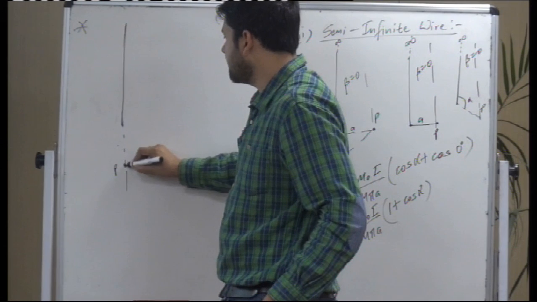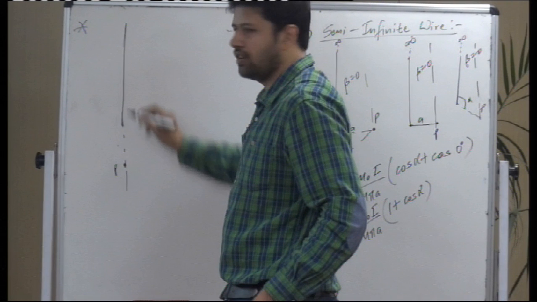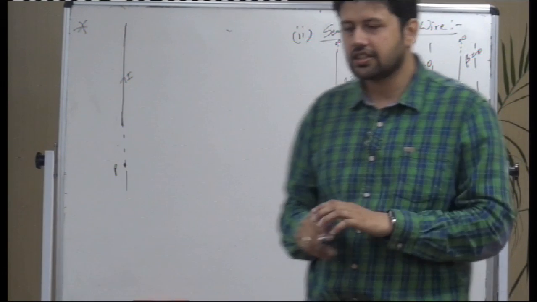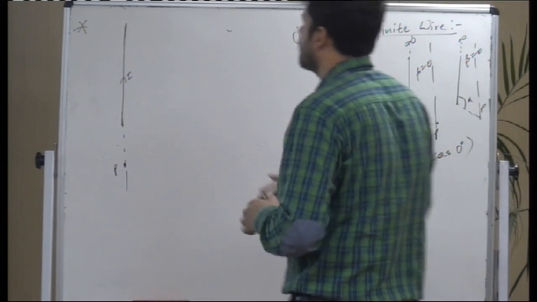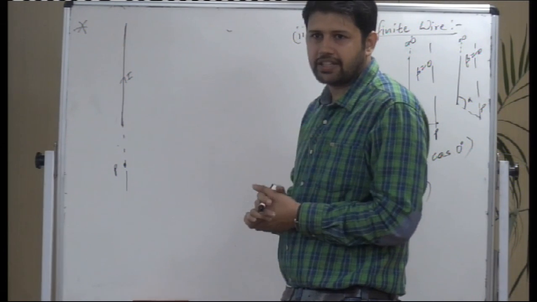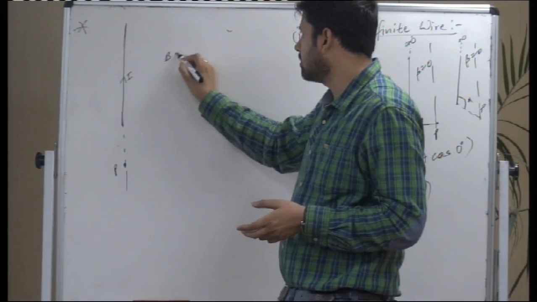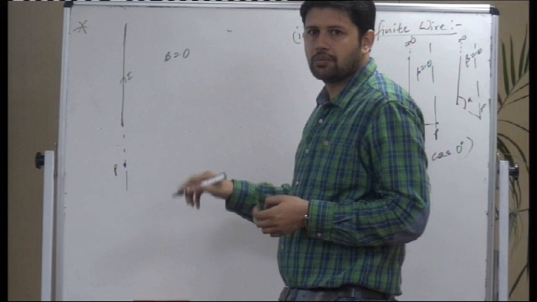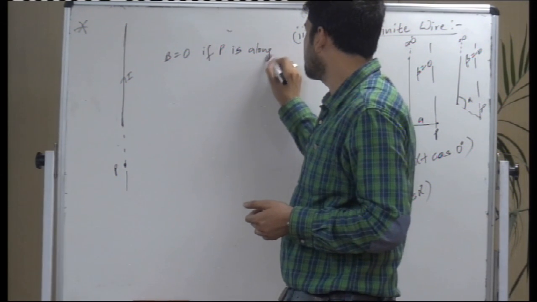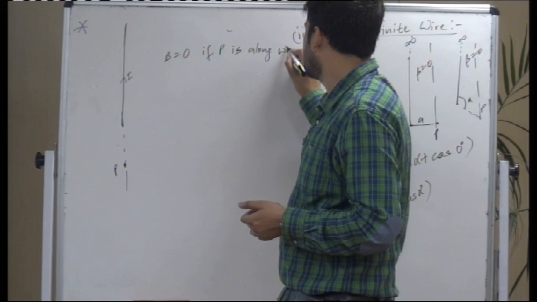If point P is located along the wire, current is flowing like this. What happens in this case? R would become parallel to dl, so B would be 0. B is 0 if P is along the wire.